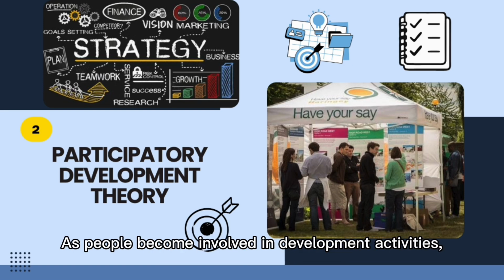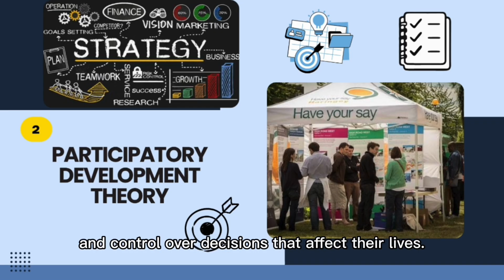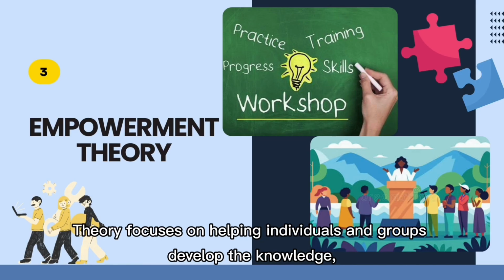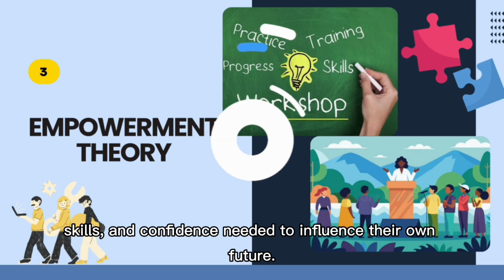As people become involved in development activities, they also gain confidence, skills, and control over decisions that affect their lives. Empowerment theory focuses on helping individuals and groups develop the knowledge, skills, and confidence needed to influence their own future.